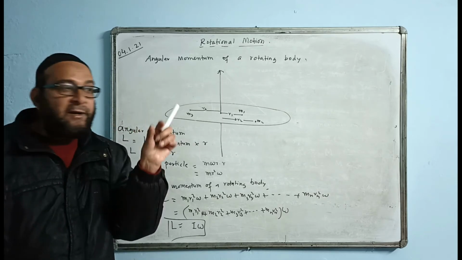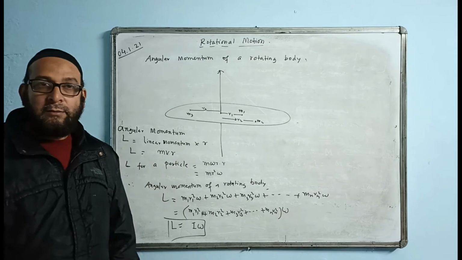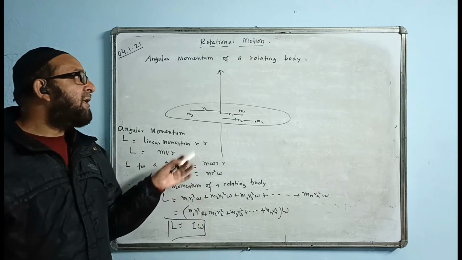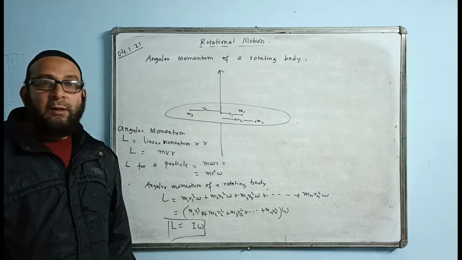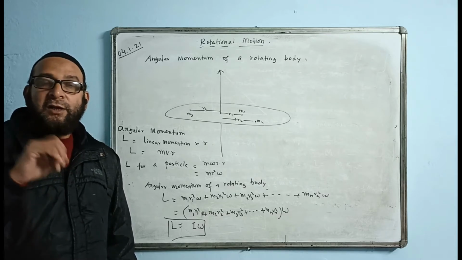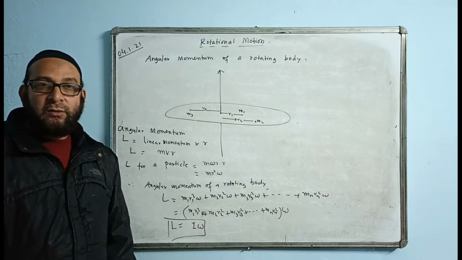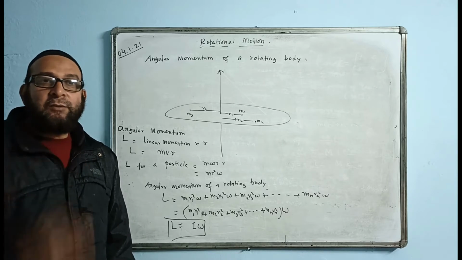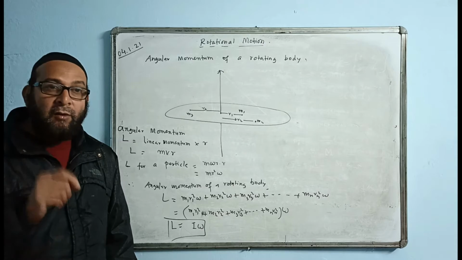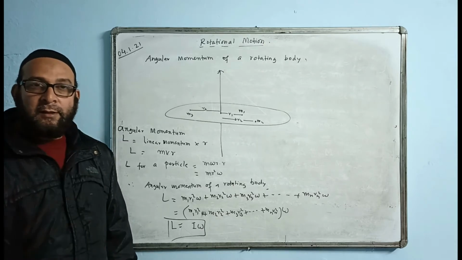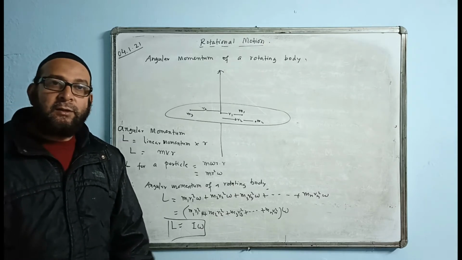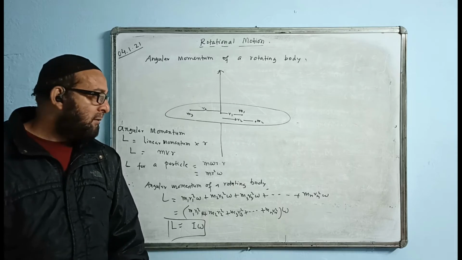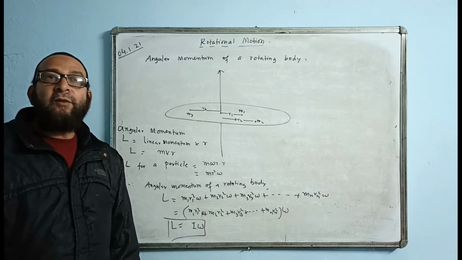Then here also we find m is equivalent to I. So in rotational motion, moment of inertia is analogous to the mass. It is equivalent to the mass of the body. That is why it is called moment, meaning turning or rotation. Moment of inertia. Hope you understood.